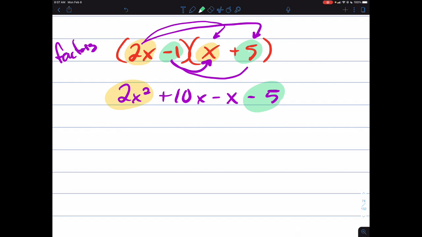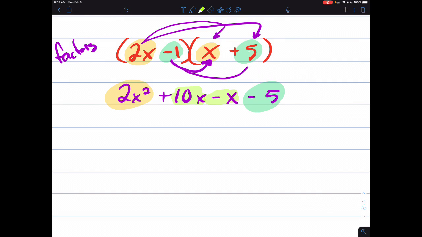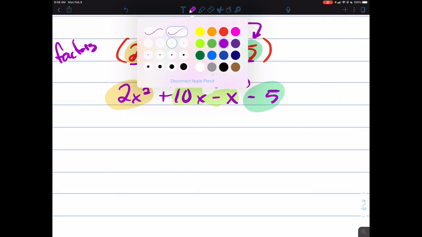And then the two terms in the middle here are a combination of those. So the 10 came from 2x times 5, and the negative x came from negative 1 times x. So you see 2 and 5, and then negative 1 and x. And then we combine those two in the middle.